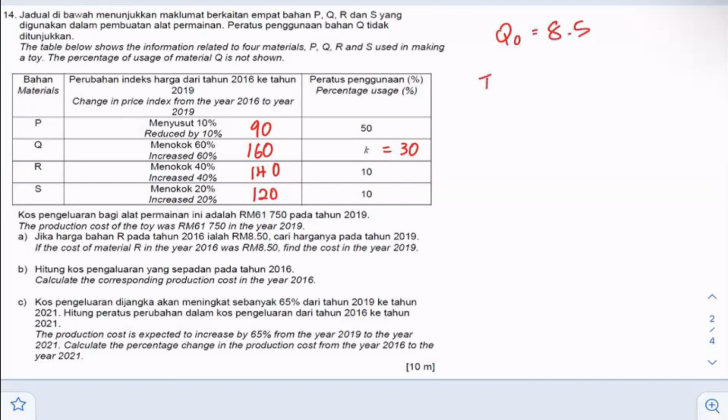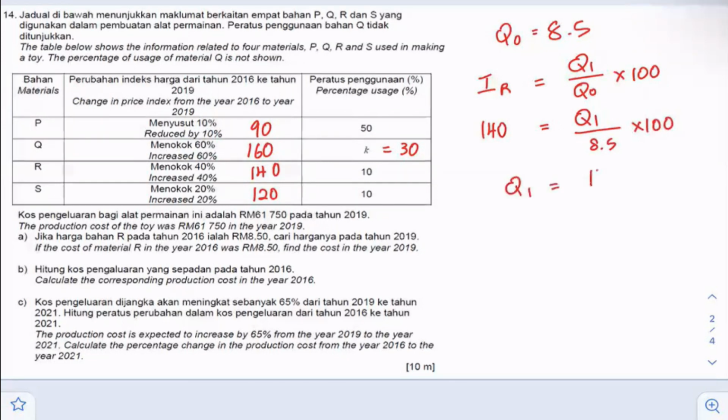The index for R will be equal to Q1 divided by Q0 multiplied by 100%. The index of R is 140, and Q1 is the price in 2019 that we want to find, over 8.5, multiplied by 100. So Q1 will be equal to 140 divided by 100 multiplied by 8.5, and the answer will be 11.9.